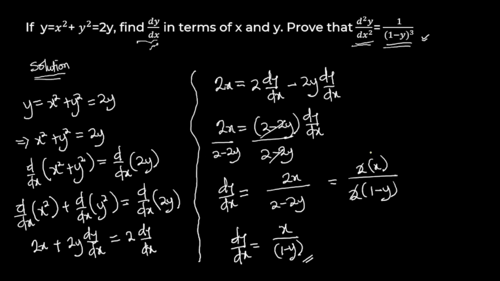Let's take note of this first differential as we are going to use it in finishing the problem. So from here, we can go ahead and attempt the second differential of this equation. For the second differential, we have to differentiate the first differential that we already have, dy/dx over here, to get our d squared y over dx squared.